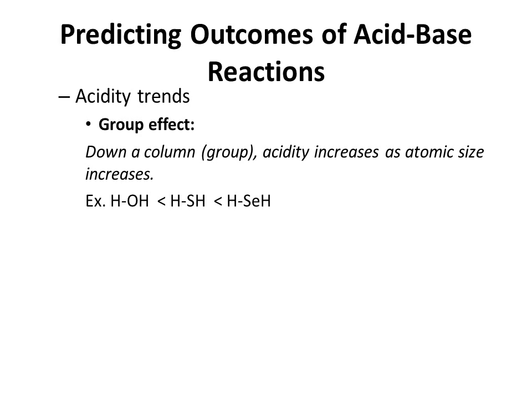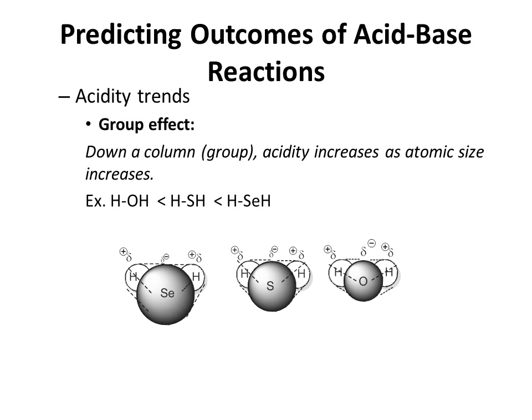All of these atoms, oxygen, sulfur, selenium, will gain a negative charge once a proton is lost. So they're going to be distributing that negative charge over the surface of the atom. The same negative charge. But selenium has the largest surface area among these three elements in that group.